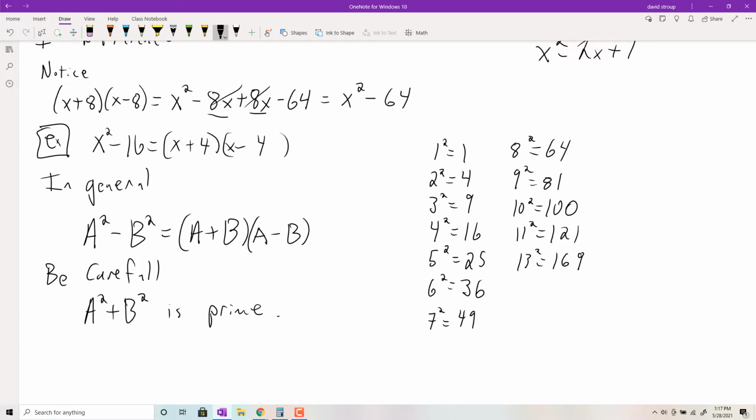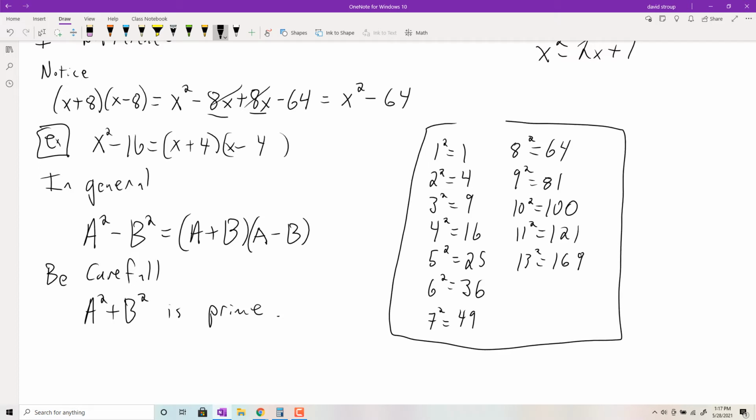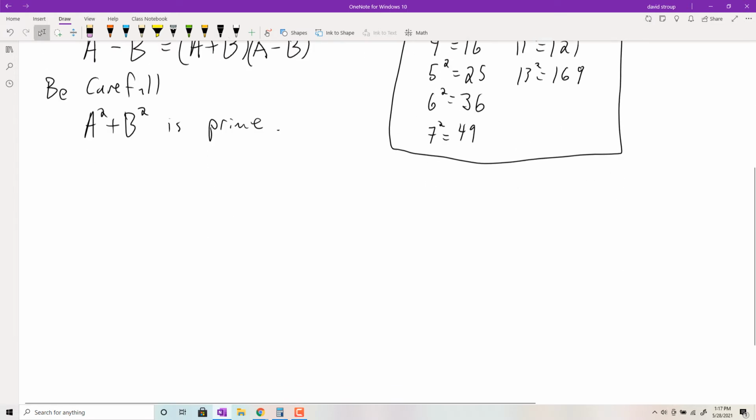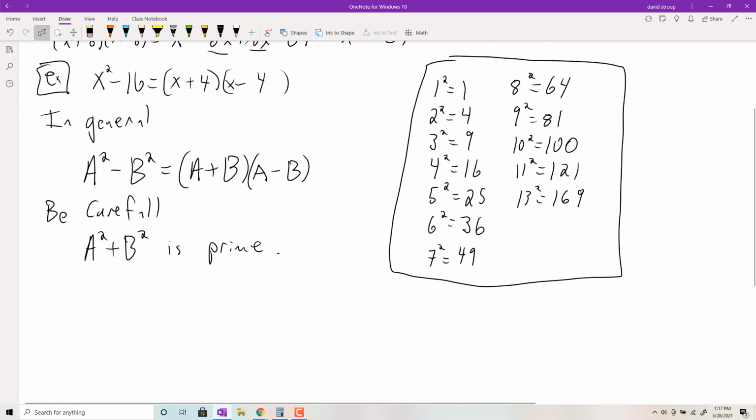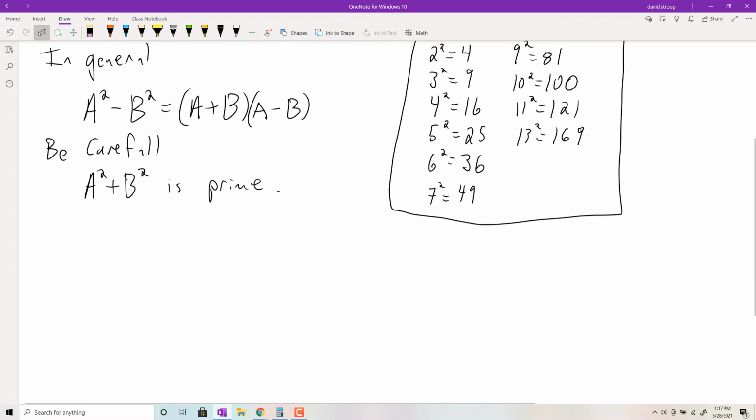So I think the first 13 will be good enough. So, okay. Hopefully you have that written down in your notes, and you can look back at that to help you as you go through the factorization.